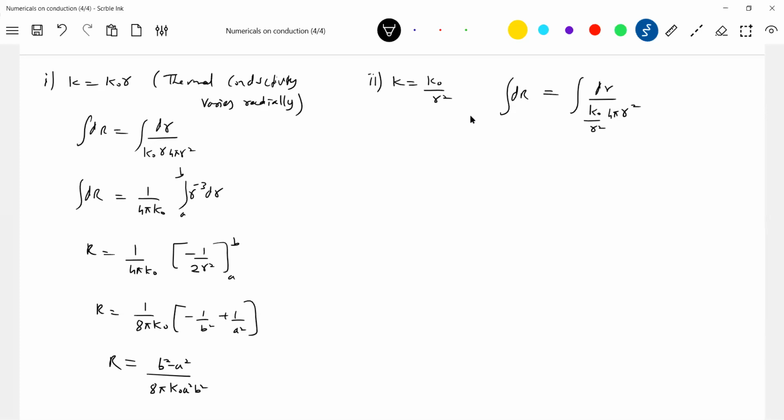So this will get eliminated. dr is equal to 1 by 4 pi k naught. R square gets cancelled. So dr. Look at the resistance. Just only b minus a.